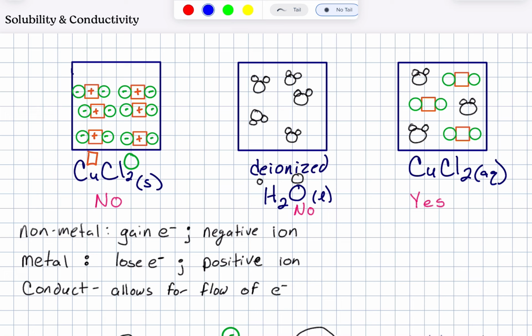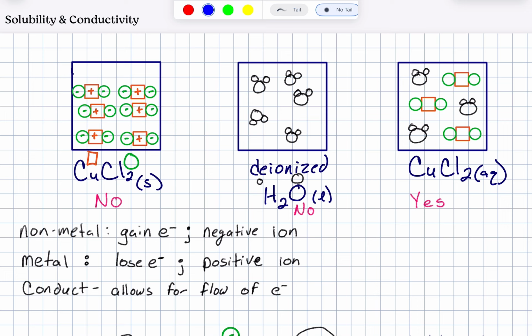Well, then we said that when we put the copper chloride into the water, it was going to make a mixture of 2 compounds. However, then what I did is I put some electricity through it to see if it would light up a light. In the case of solid copper chloride, it did not light up.